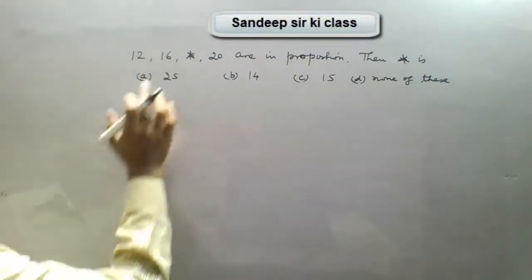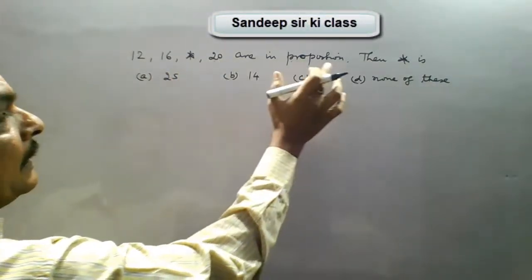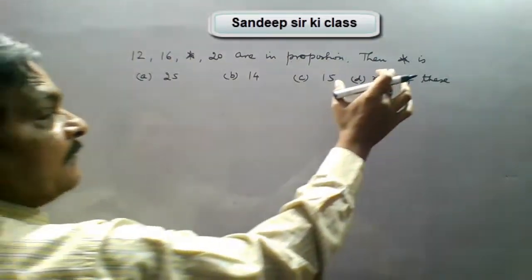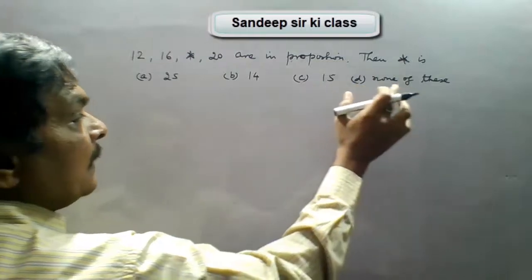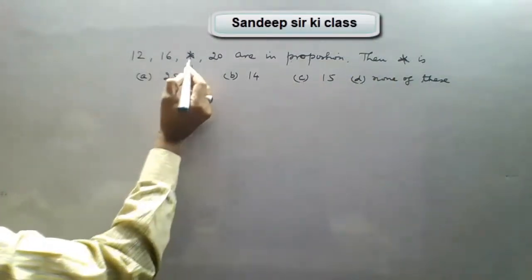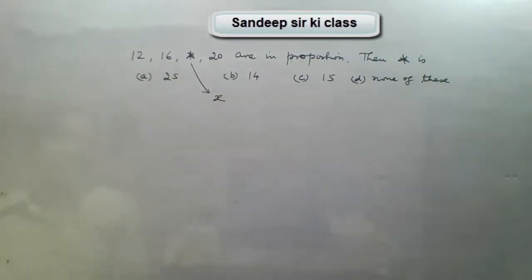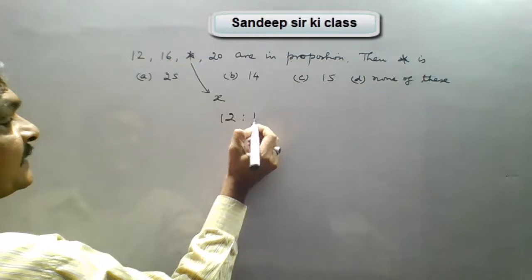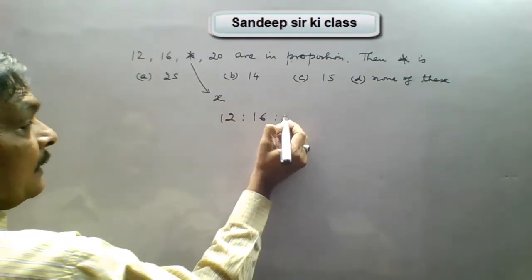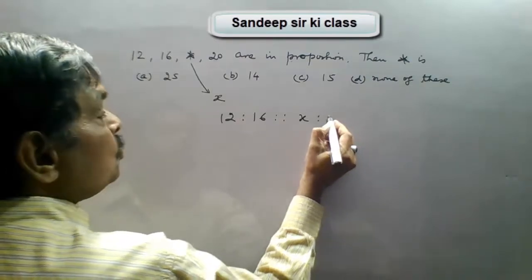Next question is 12, 16, star, 20 are in proportion, then value of star is 25, 14, 15, none of these. Now we assume that value of star is x. So 12 is to 16, they are in proportion with x is to 20.